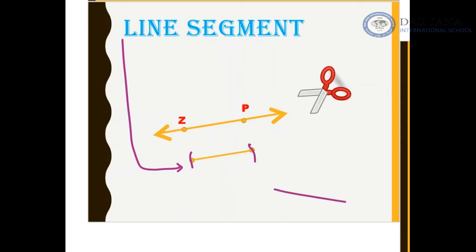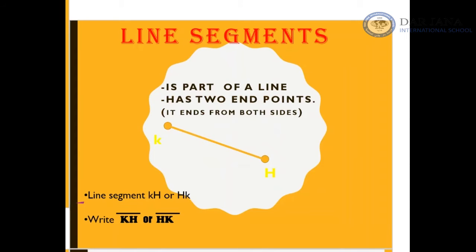This is another drawing. It can be like this. As I told you, a line segment is part of a line that has two endpoints, meaning it ends on both sides. How am I going to name my line segment? Do you think I'm going to write it like I did with the line? The name of this line segment is KH.